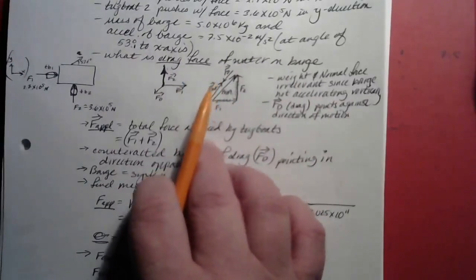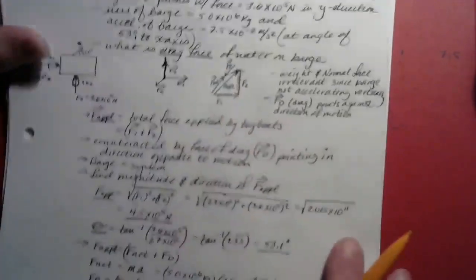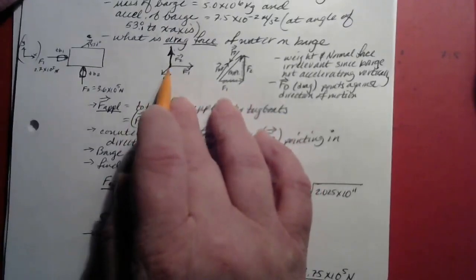Okay, so essentially what we want to do is find out how much drag there is on the barge by comparing the forces that are actually being put in to the forces that would be necessary to produce the actual acceleration. We can do a free body diagram like so. All of these forces are in the plane of the water, that is the horizontal plane, the plane of the paper.